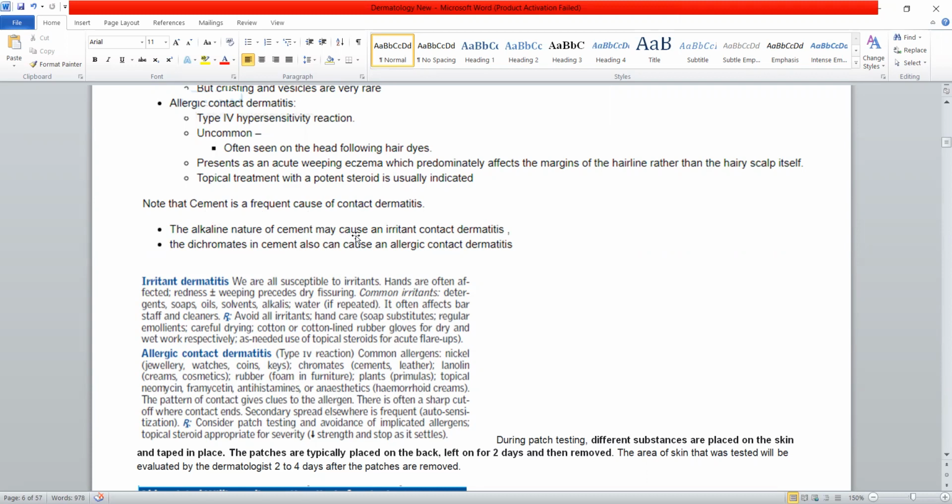The alkaline nature of cement may cause an irritant contact dermatitis, while the dichromates present in cement can cause allergic contact dermatitis. So cement can cause both types of contact dermatitis. The other important cause of allergic contact dermatitis that you need to remember is nickel, present in jewelry, watches, and coins. This is also known as nickel dermatitis or nickel contact dermatitis.